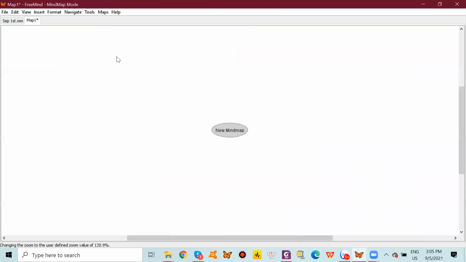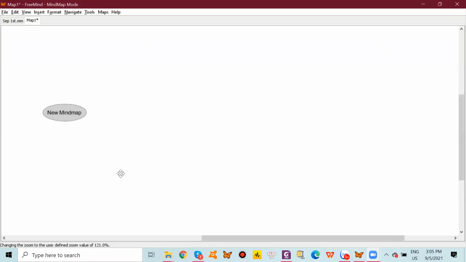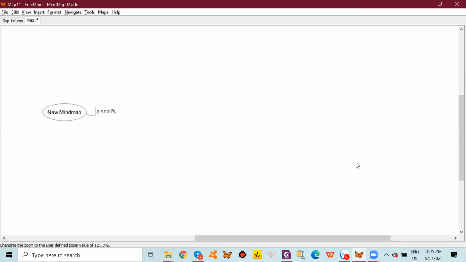Okay, so here, the first word that we need to develop into the brain map, that is the phrase, not a word. This phrase: a snail's pace.